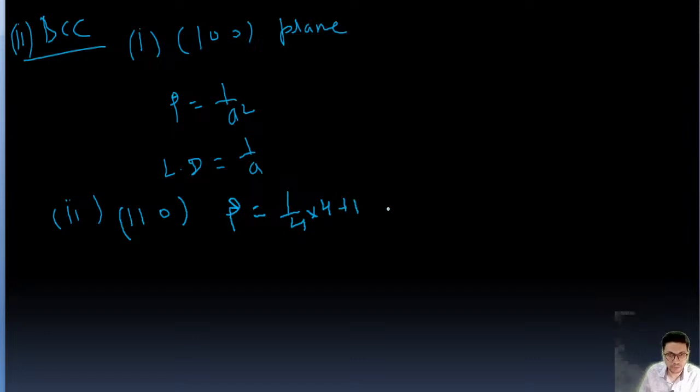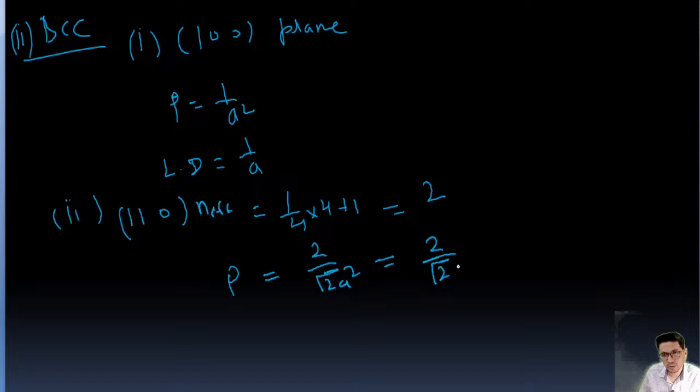This is a case of BCC, so this is going to be 2, my apologies, this is the n effective. So the value of rho is going to be 2 upon root 2a square.